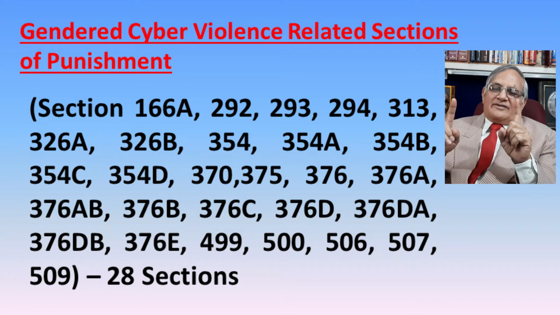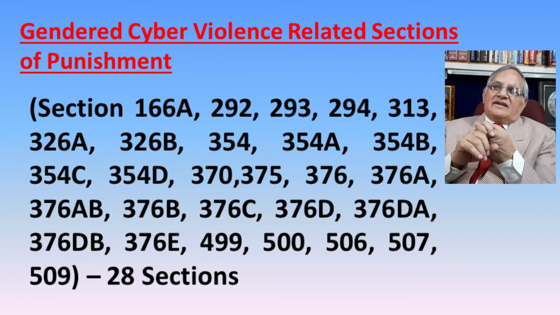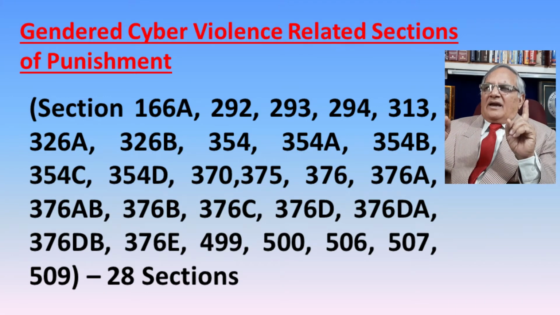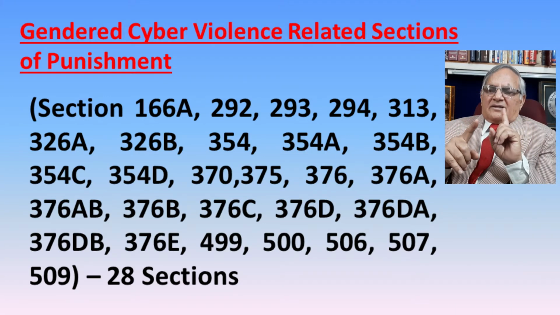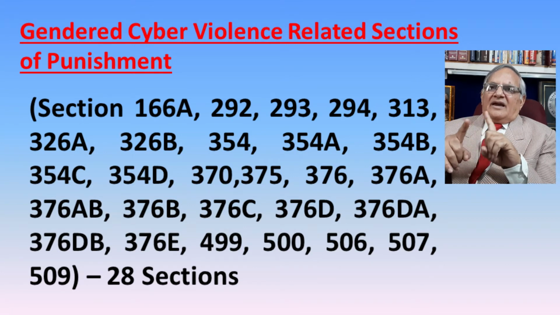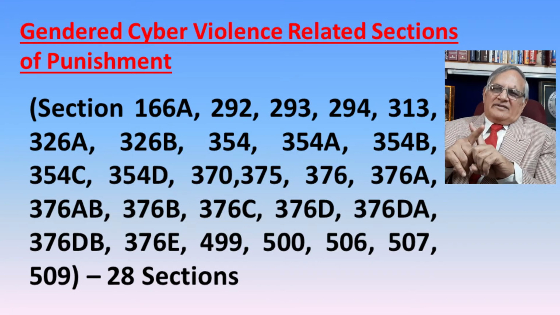The age is 20 in this IPC section 293, and such obscene object as referred in the earlier section, the same thing. The punishment is up to 3 years plus fine, and it's a cognizable offense and a bailable offense.